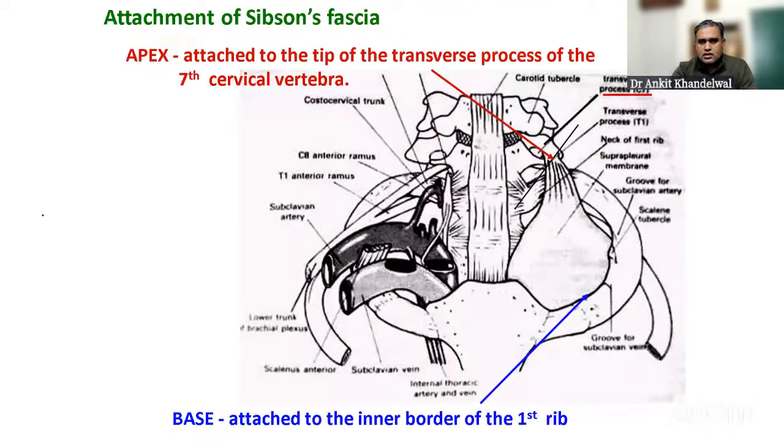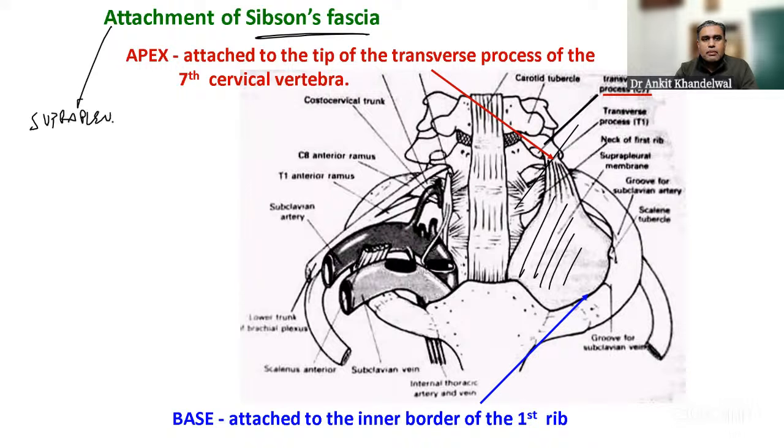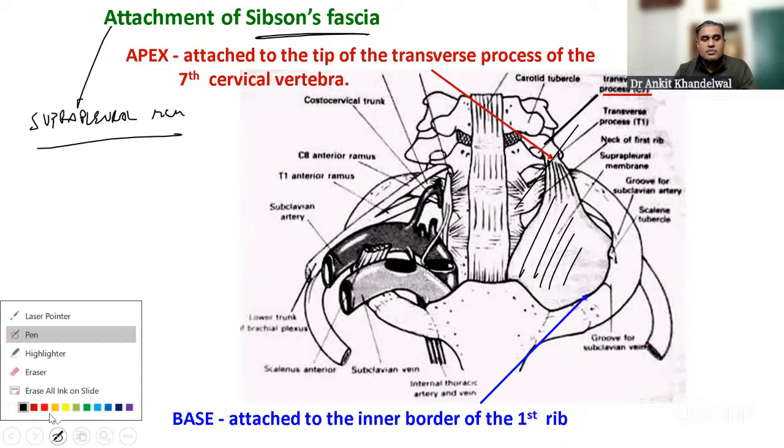There's one more term known as Sibson's fascia. What is Sibson's fascia? That is the fascia covering the cervical pleura. So this part over here that is covering the cervical pleura is known as Sibson's fascia, also known as suprapleural membrane. And do remember that questions have come regarding its attachment.